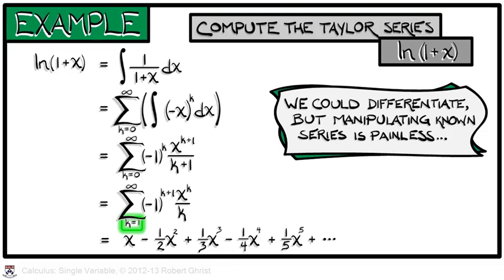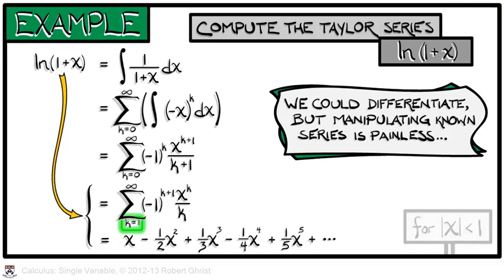This is x to the k over k. Now, are there any problems with this? Well, since we used the geometric series in this derivation, we must be careful to remain within the convergence domain for this. x must be less than 1 in absolute value.